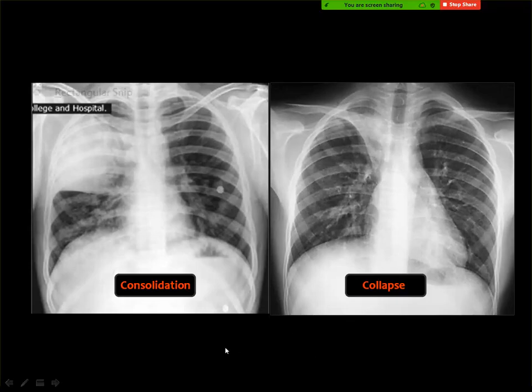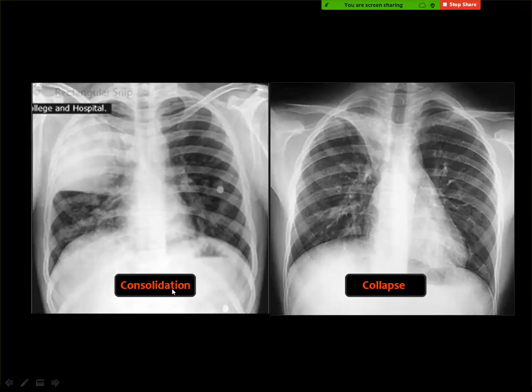Then this is what we mean by collapse. Consolidation means opacification of the whole lobe with internal air bronchogram. Collapse means loss of volume of the whole lobe, and you can know this by the displacement of the fissure, the crowding of the ribs, and so on.